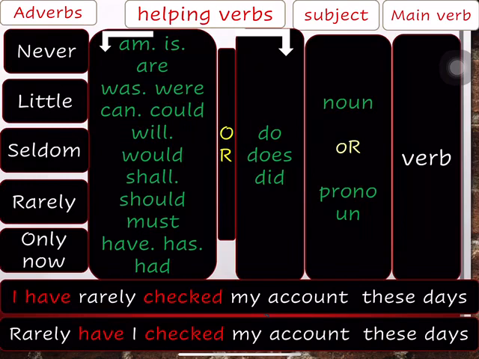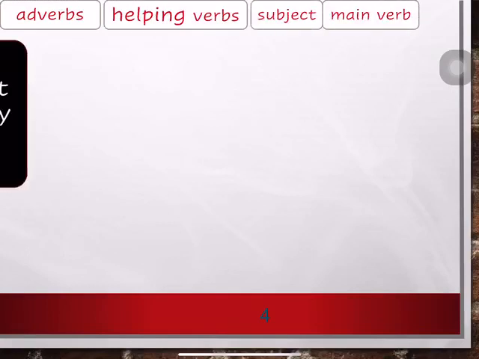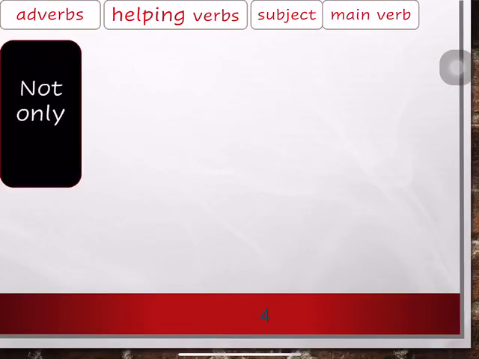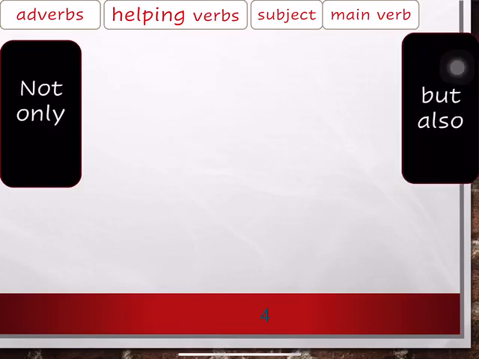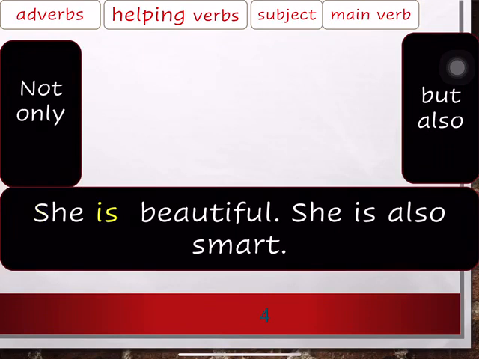Another example of the inversion, but this time it's with not only. And you know that not only follows the same procedure, but after the first sentence, because we are going to join two sentences together using not only, so we have to use but also. Look at this example. She is beautiful.